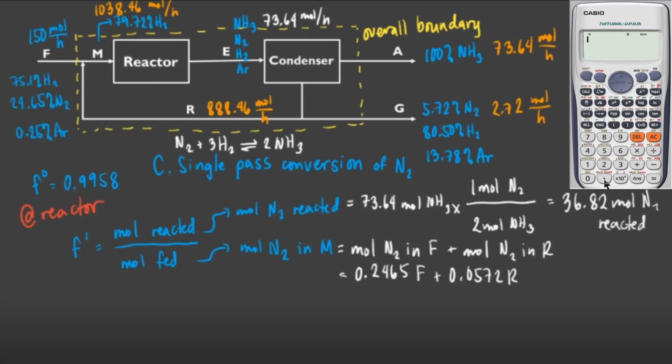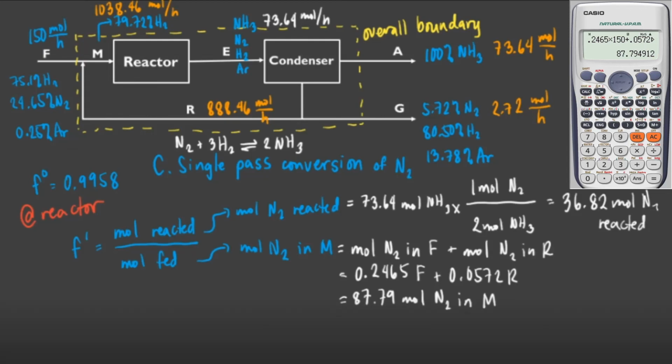Substituting, that is 0.2465 times feed 150 plus 0.0572 times the recycle stream, that is 888.46. We have 87.79 moles of nitrogen in the mixed feed.